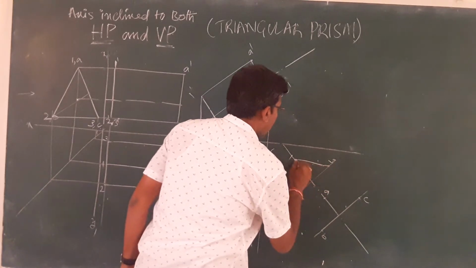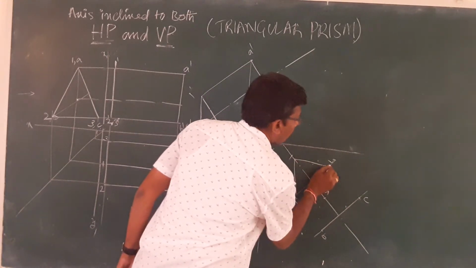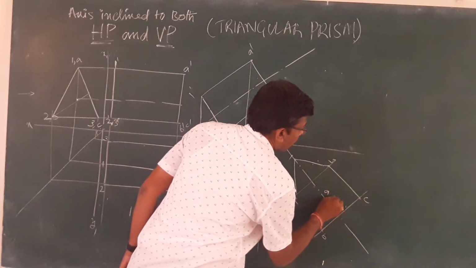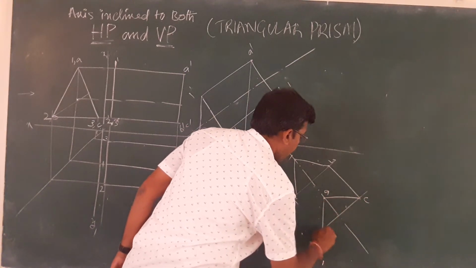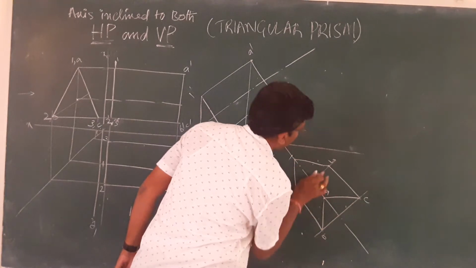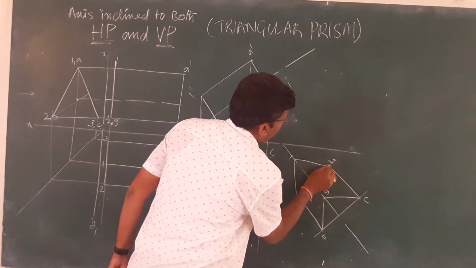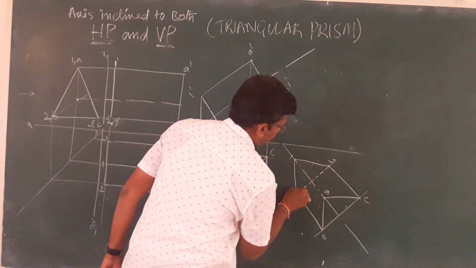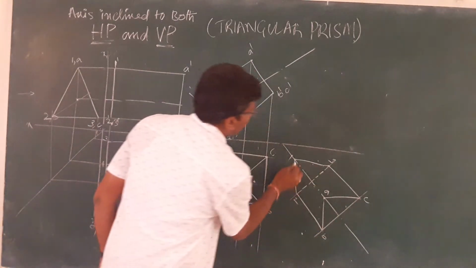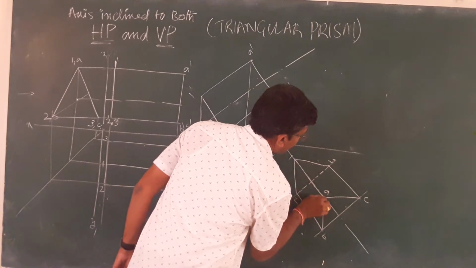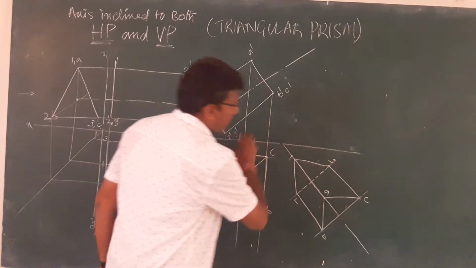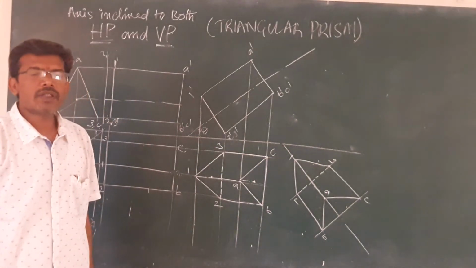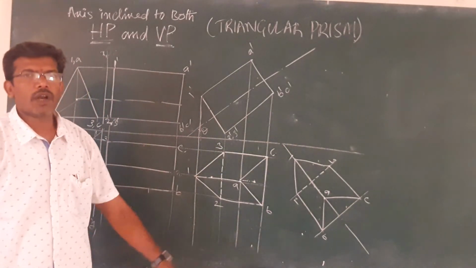So 1, 3. And this one will be dark. So can you see the same picture that I have shifted, with the axis inclination with the vertical plane.